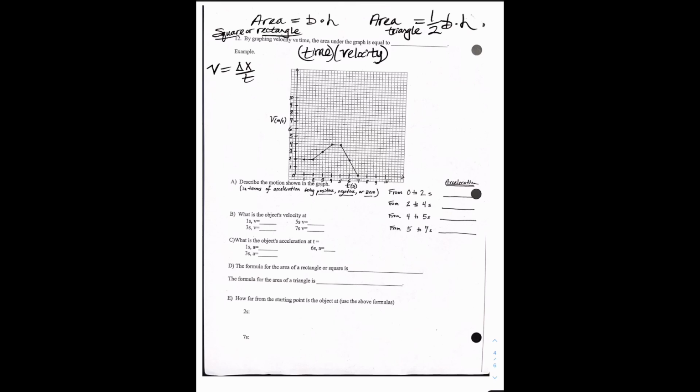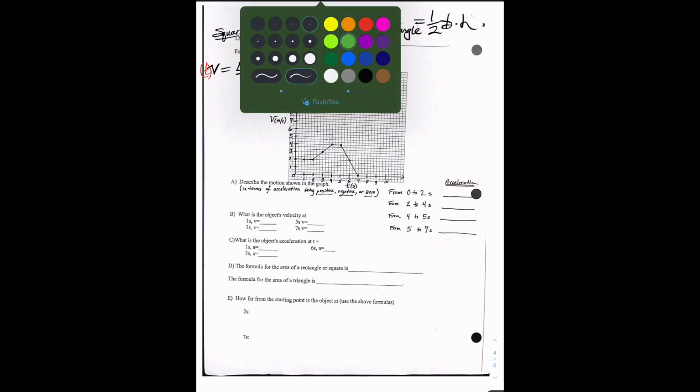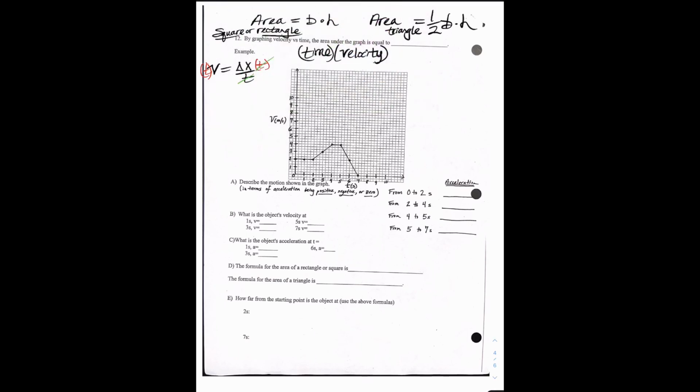And if we rearrange this, we see that when we multiply both sides by t, right? Let me grab a different color here. If we multiply this side by t and this side by t, that can cancel those, and we're left with delta x equals t times v.